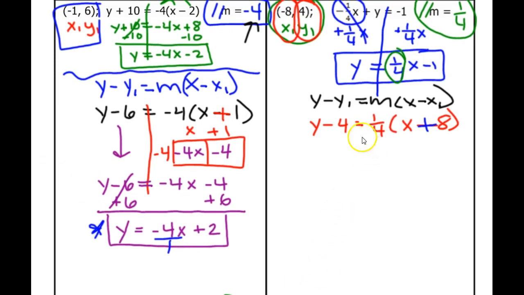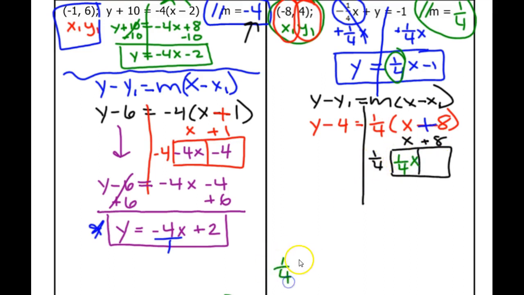And then we're going to distribute to get rid of our parentheses. So 1/4 times x is just 1/4 x. 1/4 times 8, 8 is just 8 over 1. So we have 8 over 4, which is really just 2.